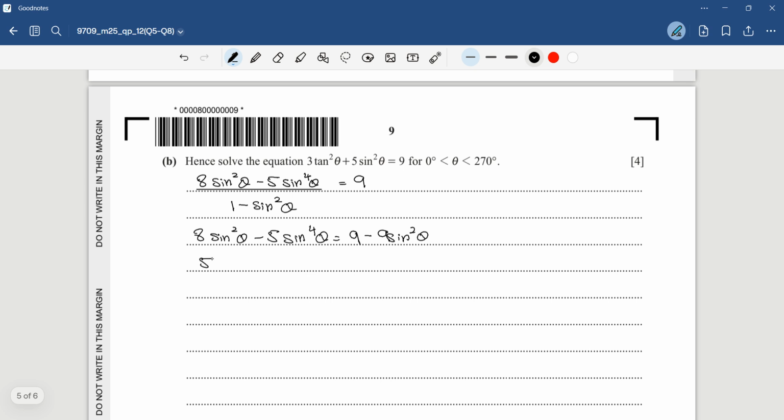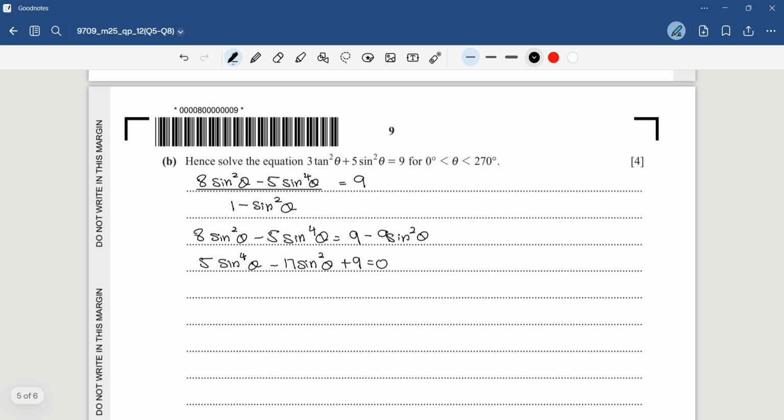Rearrange: 5 sine power of 4 theta minus 17 sine square theta plus 9 equivalent to 0. And actually it's a quadratic.